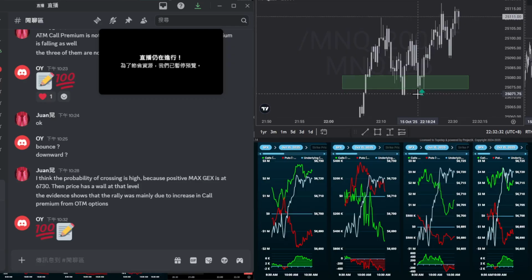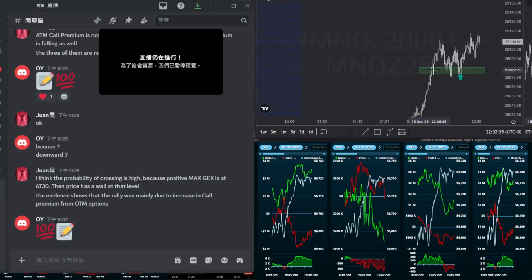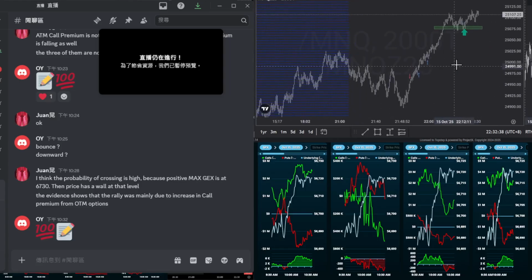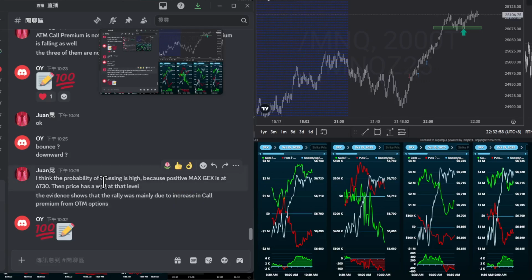In the background, although we know we are not having the same bias in all these three grid premiums, we have observed, and the observation result is that OTM call premium seems to drive the market, drive the price.